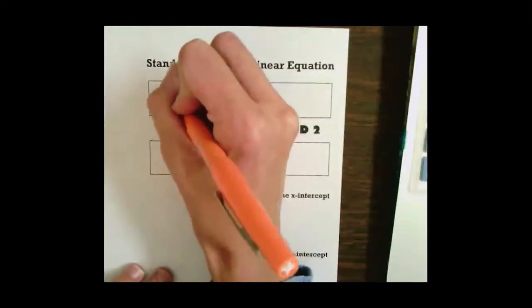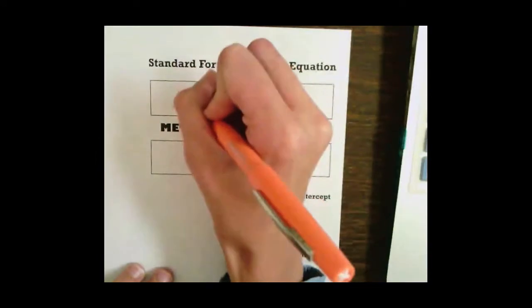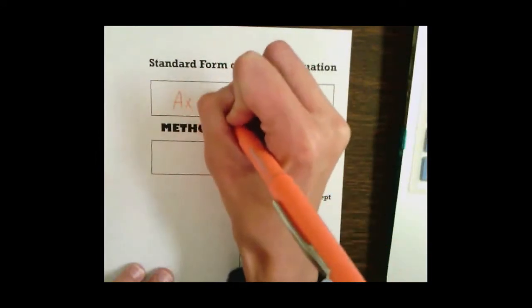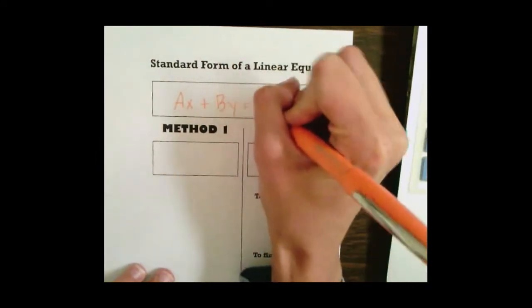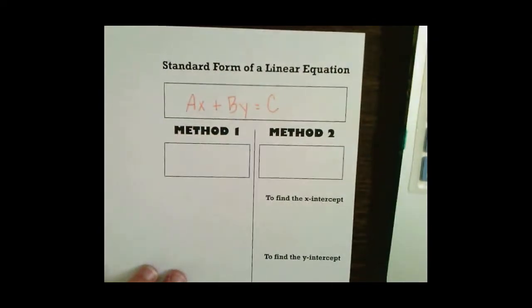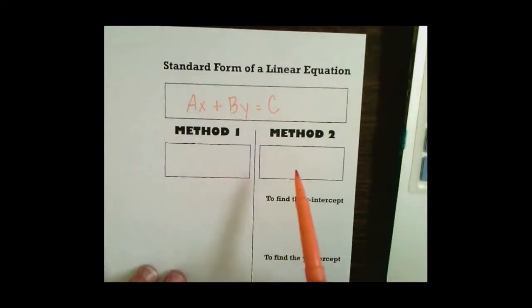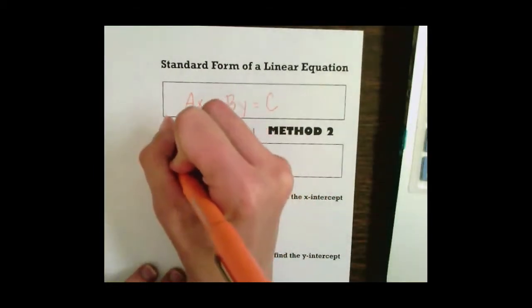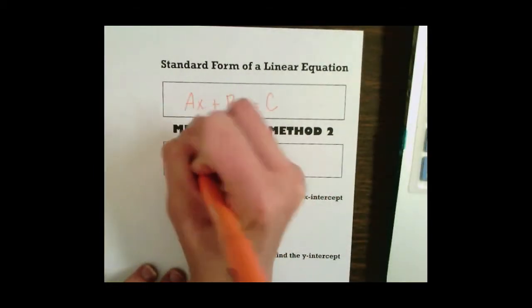So the standard form of a linear equation is ax plus by equals c, and we've done this in class for a couple of days, so you should be well rehearsed with that. The first method is to be able to put it into slope-intercept form.